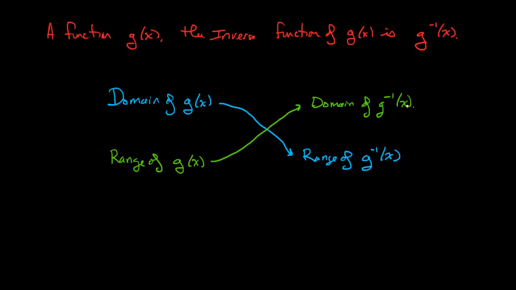So we'll show you how these properties hold true in our next video series. But just remember, the domain of the function becomes the range of the inverse, and the range of the function becomes the domain of the inverse. And those are two important characteristics that we want to recognize when it comes to a function and its inverse function.